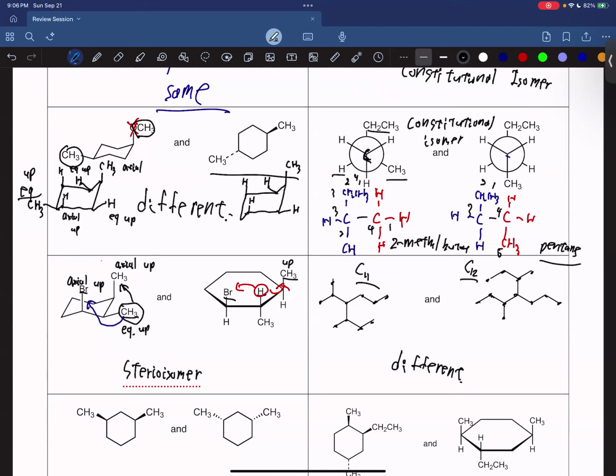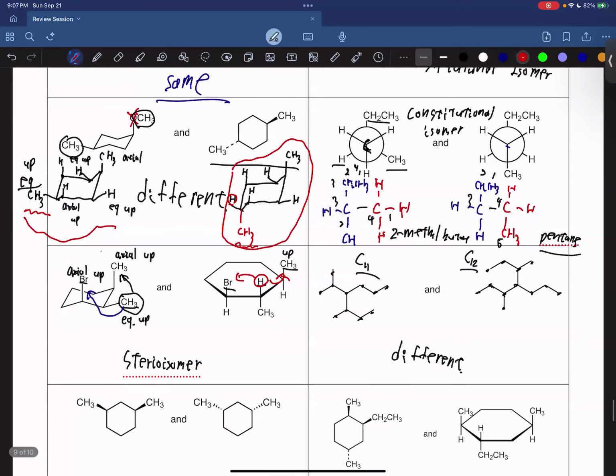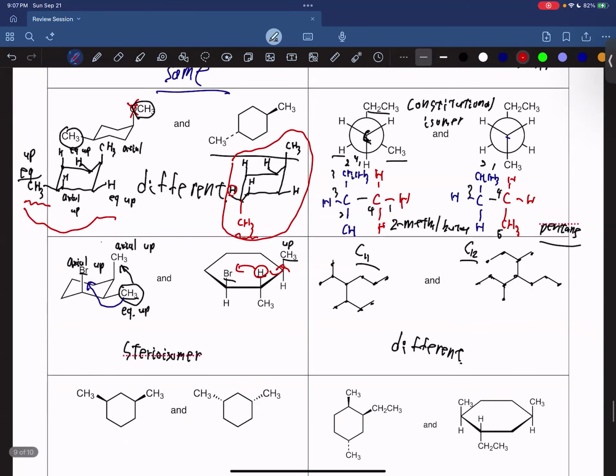And the last group is supposed to be in an equatorial position. For this reason, we have an axial down position for CH3. If we compare these two structures, these two CH3 are in different positions. So you say this is a stereoisomer. Are we good? Okay, cool.